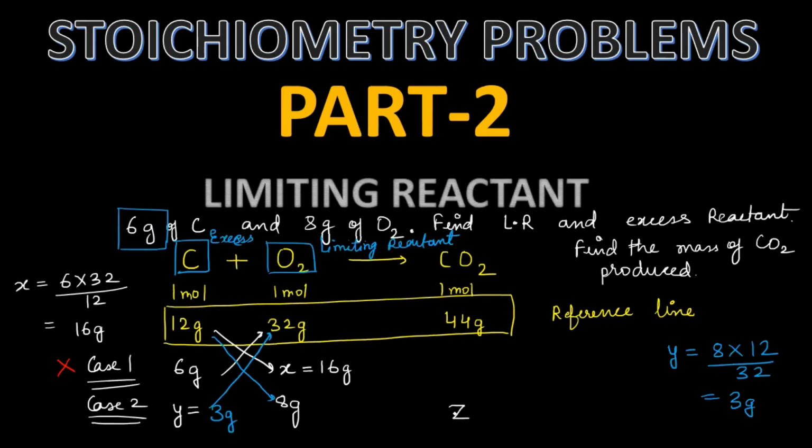Let's assume this is Z. Using the same reference line, we use the unitary method. Z is equal to 44 multiplied by 8 divided by 32. And this gives you around 11 grams.